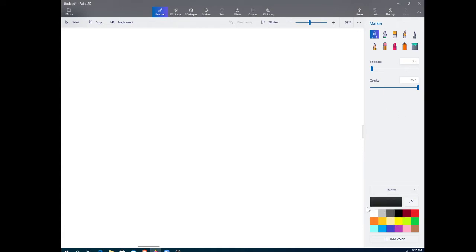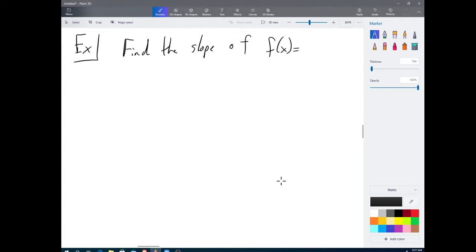All right, so let's do this with an actual curve now. Find the slope of f of x equals x squared plus 1.